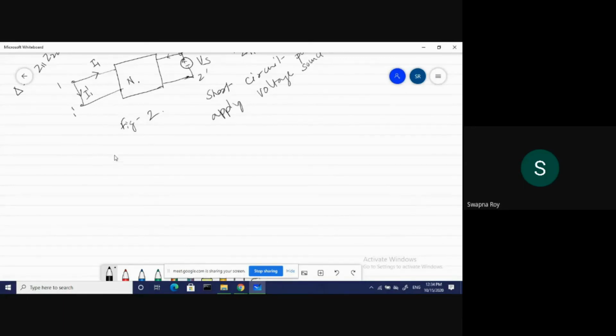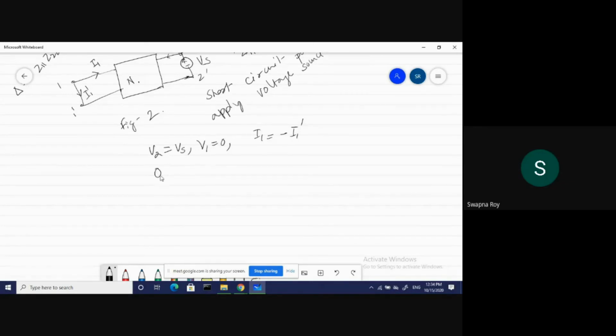Now we are putting all the values. Now V2 is equal to Vs, V1 is equal to 0. So I1 is equal to minus I1 dash, and V1 is equal to 0.